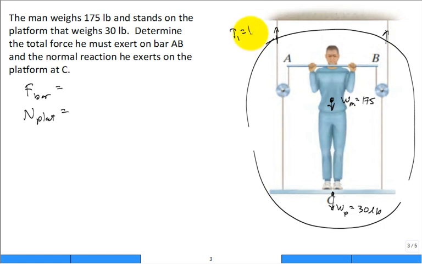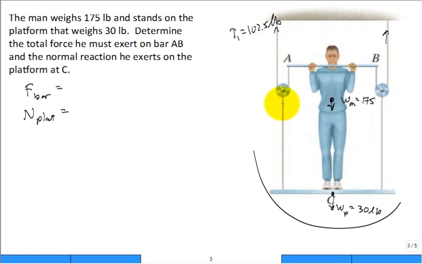Yeah, they're the same. 102.5 pounds. We've done that. We come down here, we do the free body diagram around that pulley. All right, but look, it's 102.5 up, 102.5 up. It's double that, so it's 205 down, isn't it?